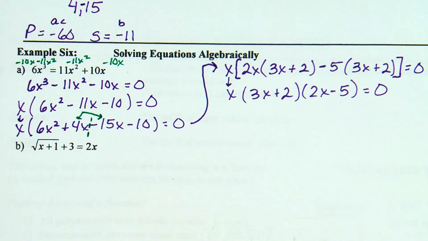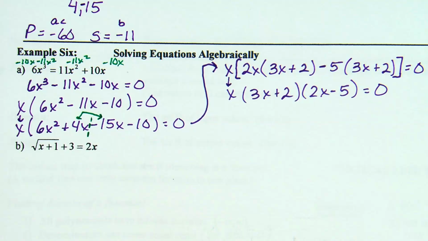What do we do? We've got this time 3 things multiplying to equal 0, so we're going to say x equals 0, 3x plus 2 equals 0, 2x minus 5 equals 0.